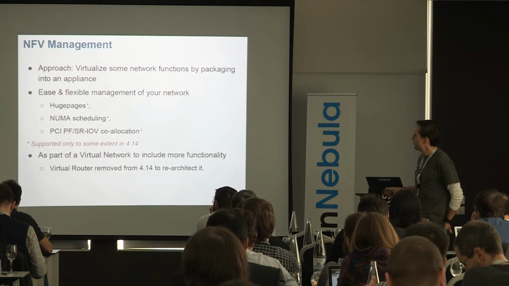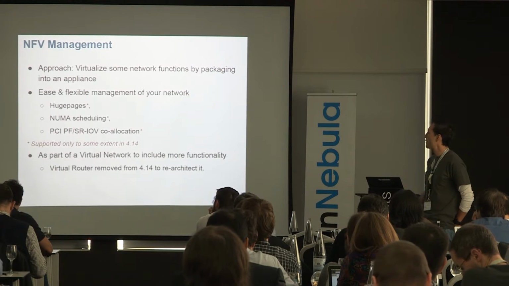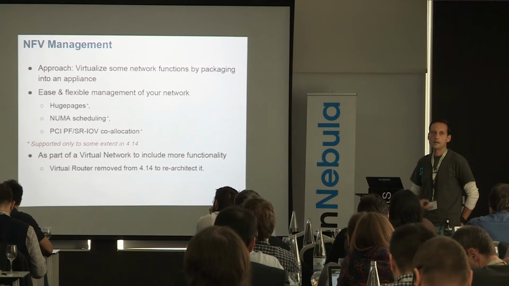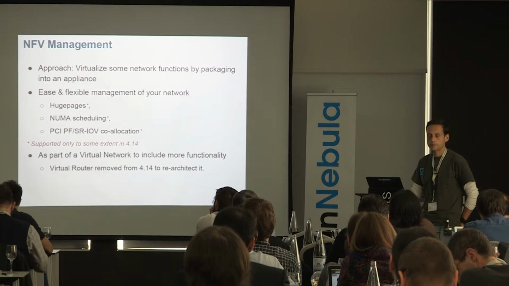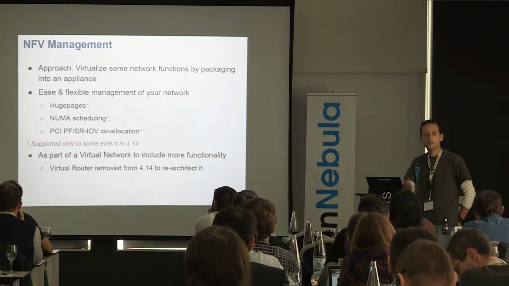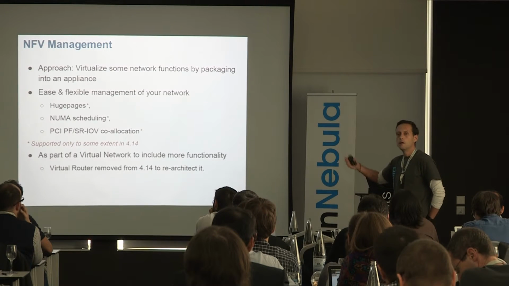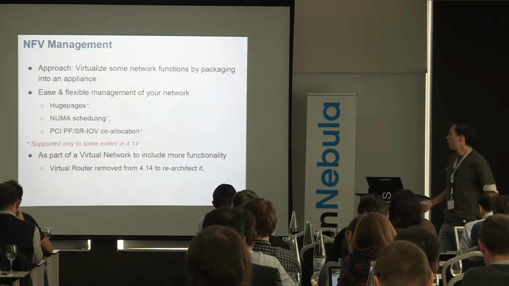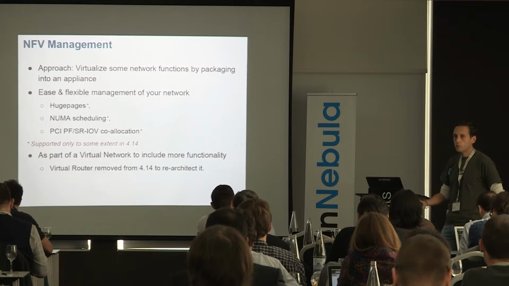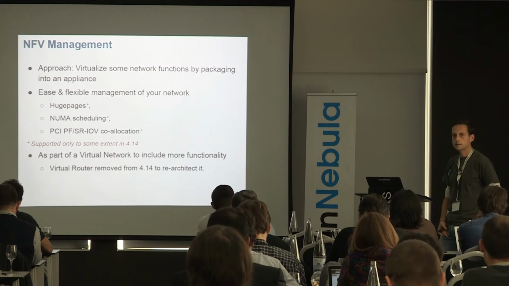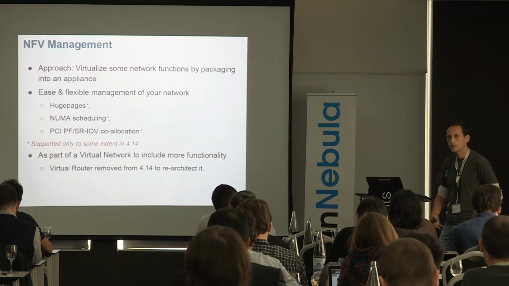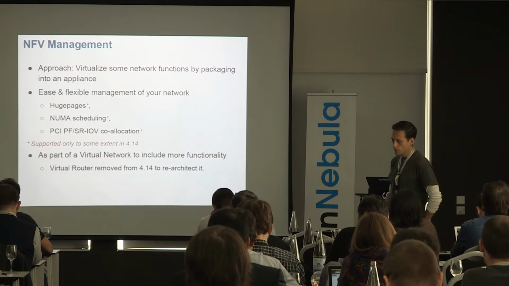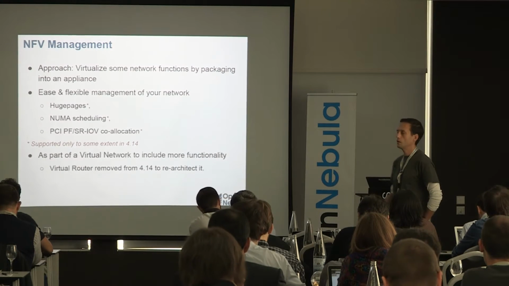This is needed if you are working with your backbone network, but as part of the virtual network, NFV is also quite interesting. We've seen some deployments today using that for implementing floating IPs or NATing or whatever. So we have virtual routing in OpenNebula, and the thing is that the appliance didn't keep up with some of the networking features that we were implementing in releases.